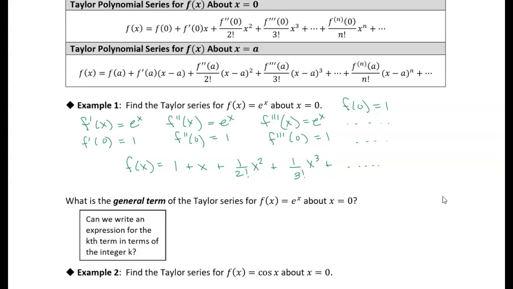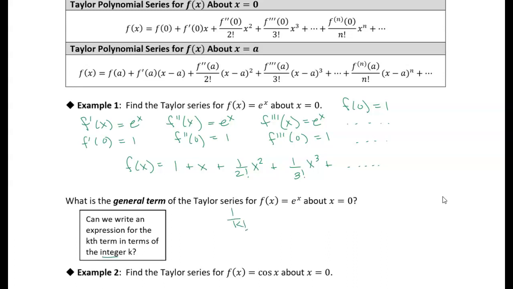So if we want the first term, we put in 1 and we'd want to get the first term. All right, so k is an integer, but sometimes it's easier to start counting at 0 rather than 1. So a natural way to write the term is 1 over k factorial.